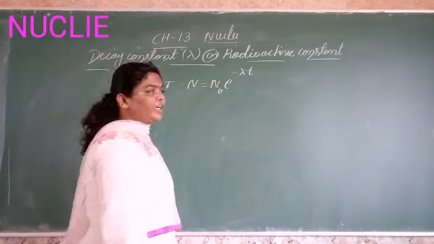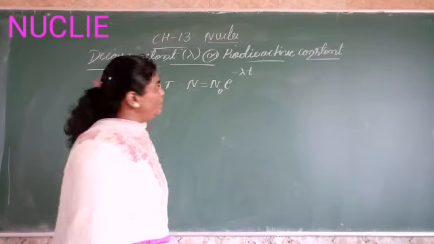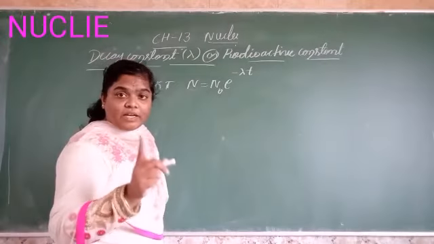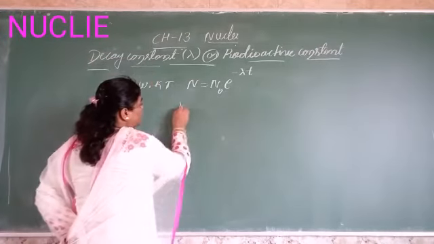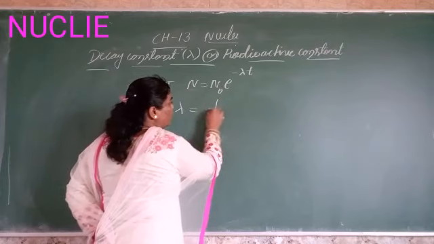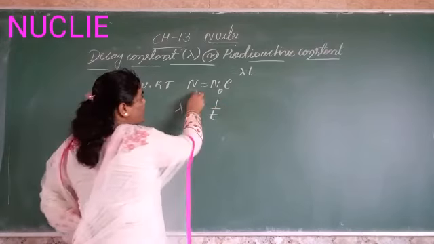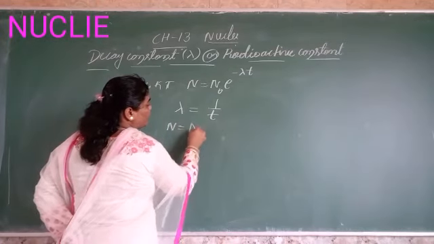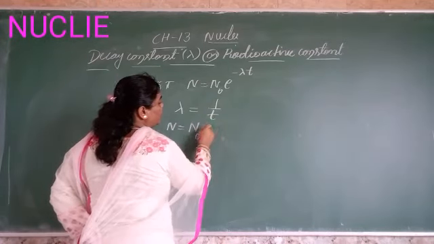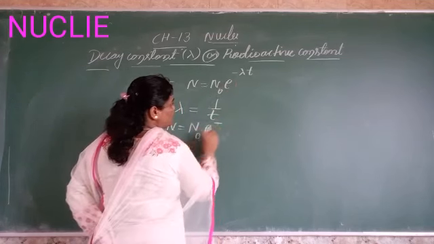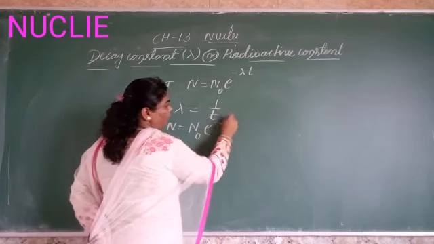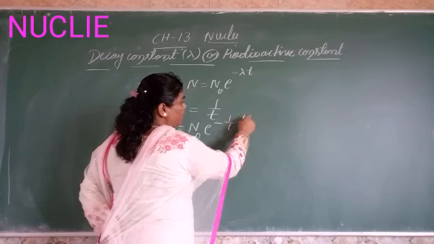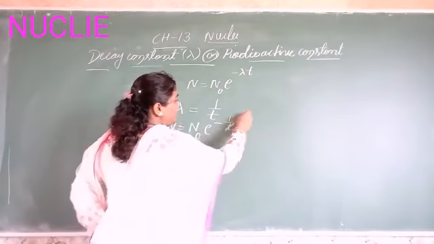So the decay constant is the reciprocal of time, lambda is equal to 1 by t. Now substituting 1 by t in the equation, n is equal to n naught e to the power of minus lambda, that is 1 by t into t, so t gets cancelled.